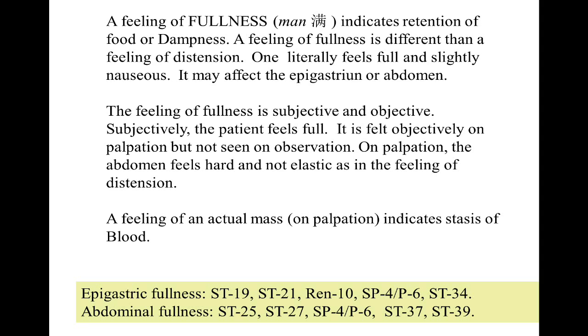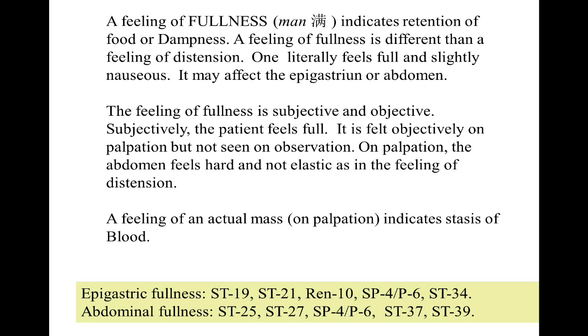And 2 other points, which I will mention again, are stomach 37 and 39. They are the lower He points of the large intestine and small intestine, respectively. And they are the points that I use for the organs, for the intestines.